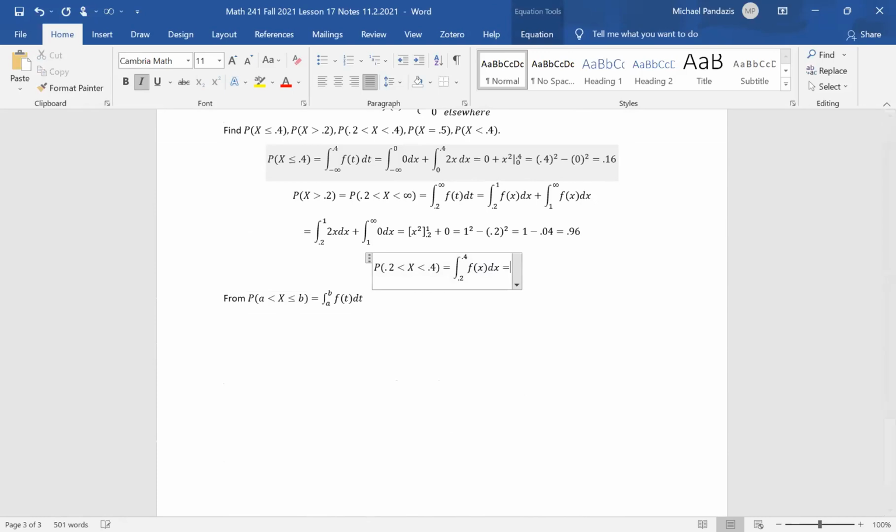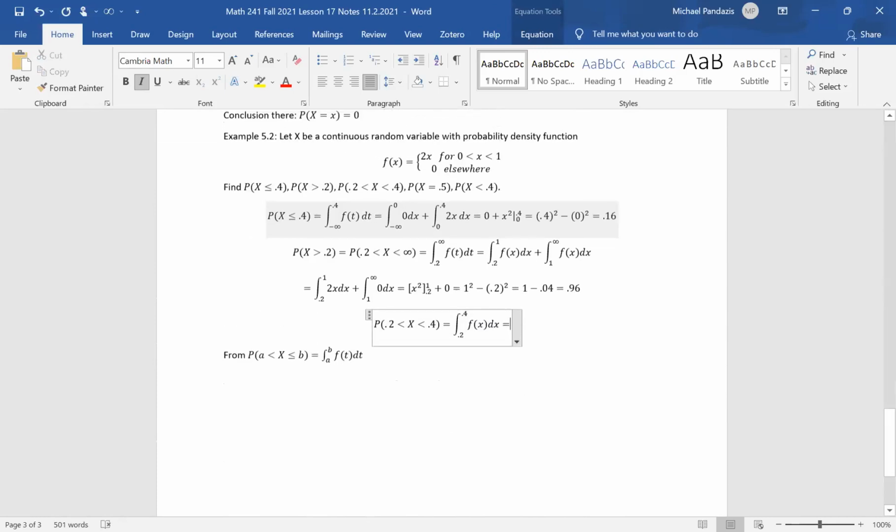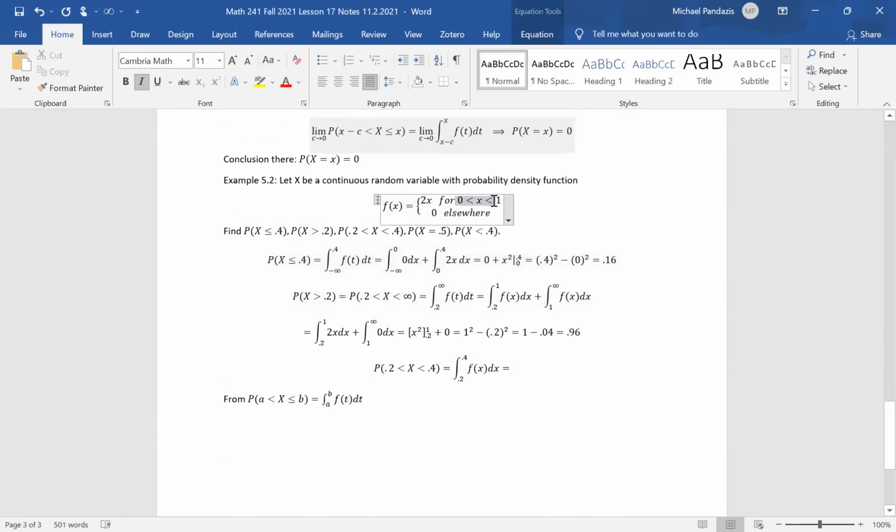From 0.2 to 0.4 lives entirely in the unit interval from 0 to 1, and so f of x there is 2x. So I can substitute 2x for f of x here, and we just want to integrate that.